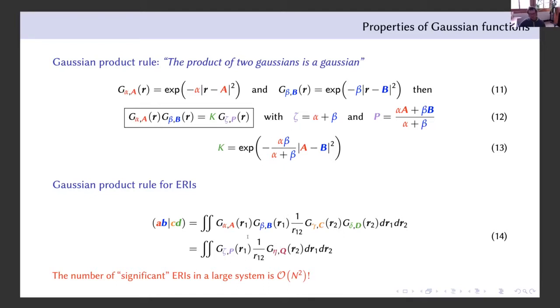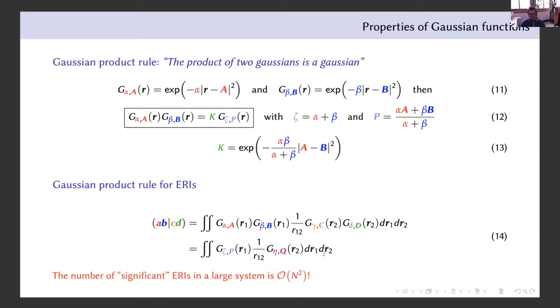In front of it, and I should have put that, I have a K squared factor. I need to correct that afterwards. This K factor is going to be very important because it shows you that your integral is very small if A and B are far apart or C and D are far apart.